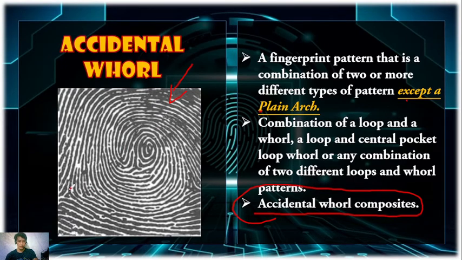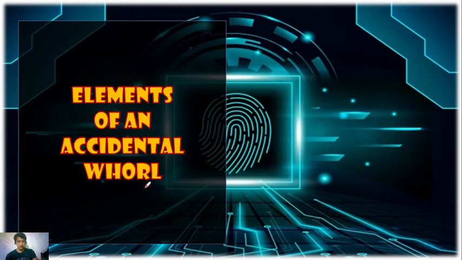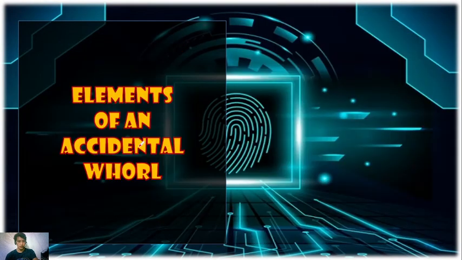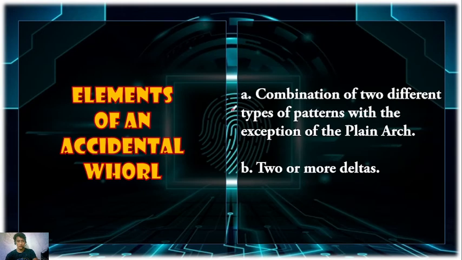Okay, so with that, bakit nasabi din na yan, ito ay accidental whirl. Okay, so let's try to have here one by one the elements for us to confirm if that is really an accidental whirl, yung illustration na nakuha natin.